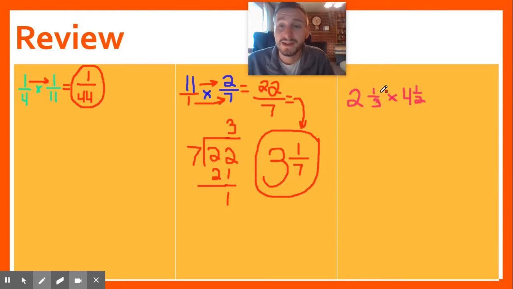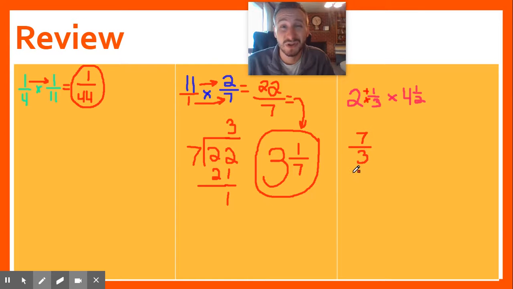The way we do that is you take the denominator and you multiply by the whole number. 3 times 2 is 6, plus 1 is 7, and your denominator stays the same.